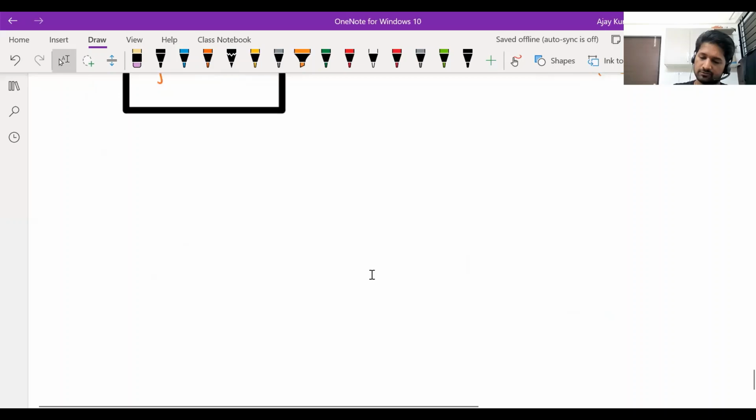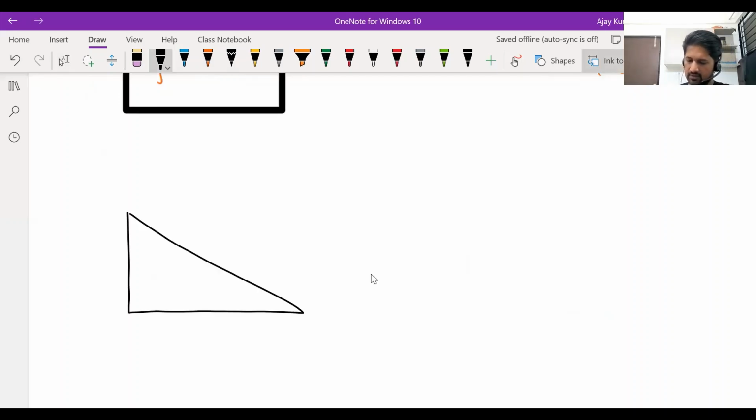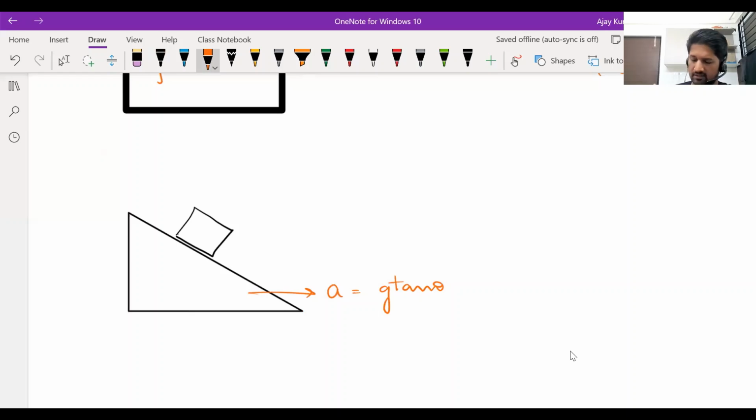We came across this once again in the case of pseudo force. If there's a wedge like this and a block is placed on it, and you accelerate it so that tan theta is equal to a by g again, the block will neither slide down nor slide up. It will stay at that same level. Both will be accelerating horizontally.